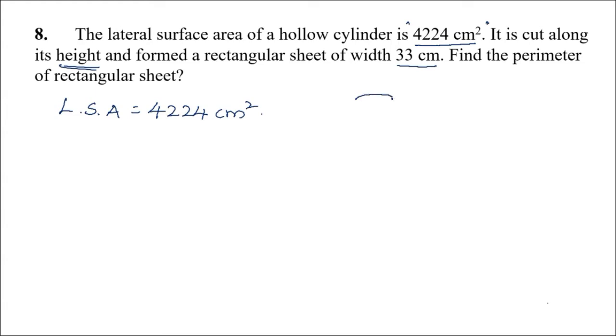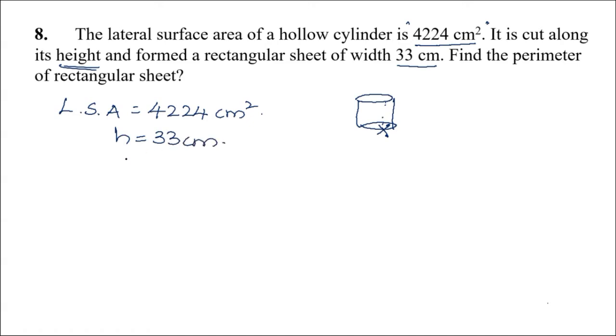When we take a hollow cylinder and cut it along its height, the width becomes the height of the cylinder. So let me take the height of the cylinder as 33 centimeter.